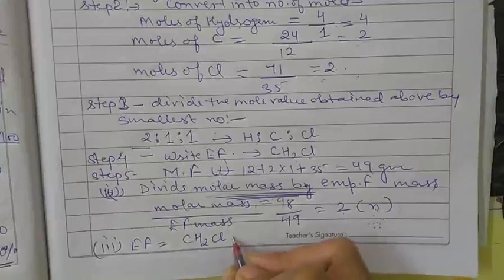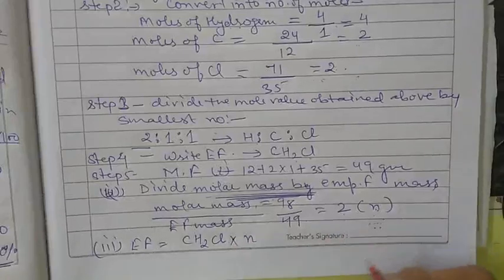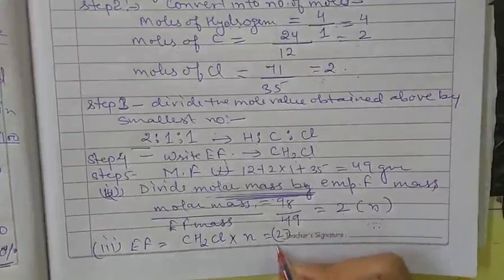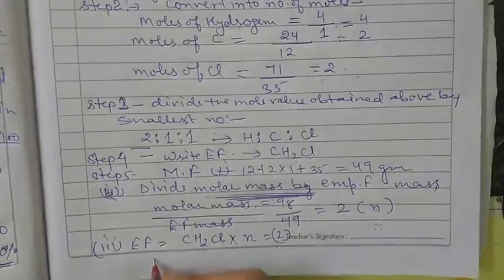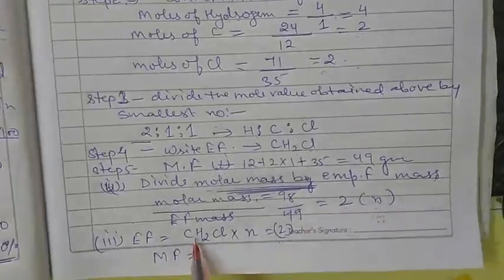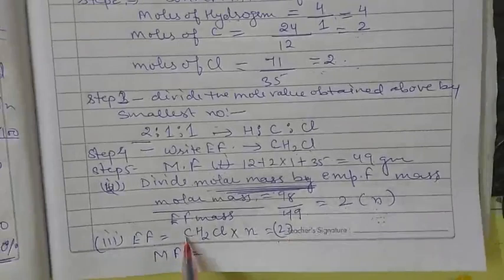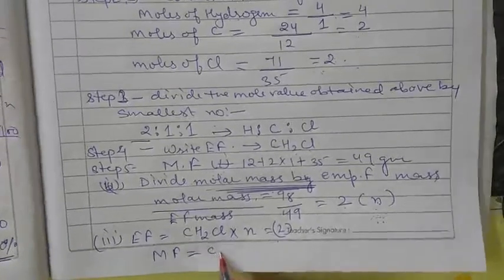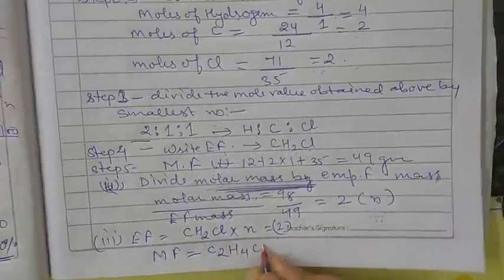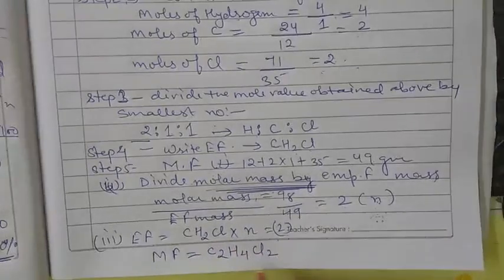Multiply it with n, and n is equal to how much? 2. The value of n is equal to 2. Clear? So the molecular formula: 2 multiplied by C, we have C2. H2 multiplied by 2, we have H4, and we have Cl2. Clear? So this is the molecular formula.